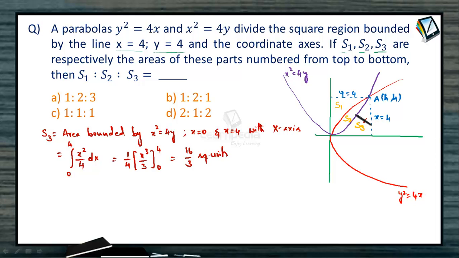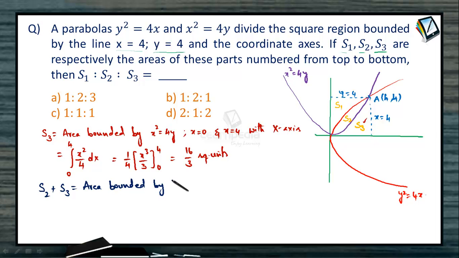Now if you look at this curve, S2 plus S3 will be the region bounded by y square equal to 4x with the y-axis and the line x equal to 4, that includes S3 also. So can we rewrite now, S2 plus S3 is the area bounded by which curve? Yes, this is the curve.